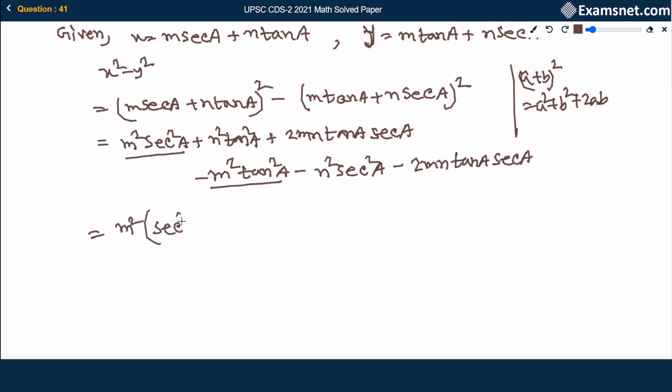Okay, now we can take common m square from these two terms. It will become sec square a minus tan square a, plus n square tan square a minus sec square a, and both 2mn tan a sec a will get cancelled.